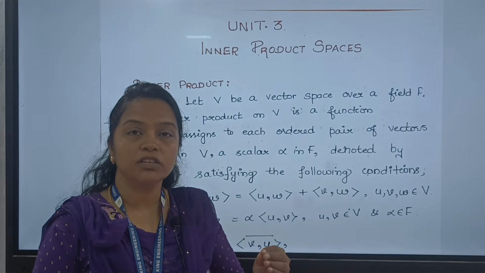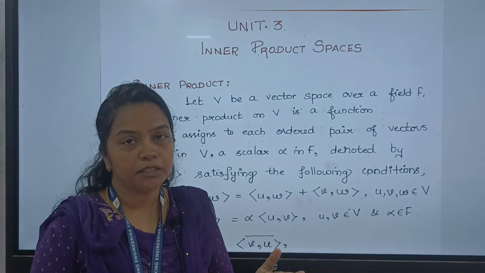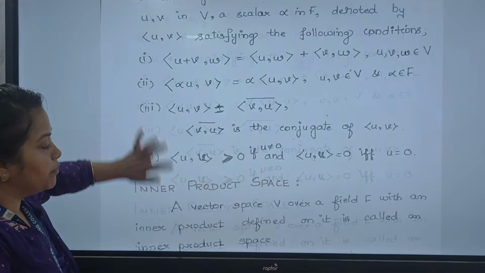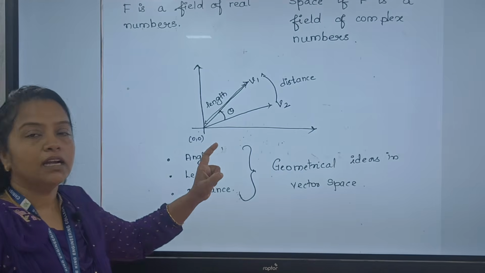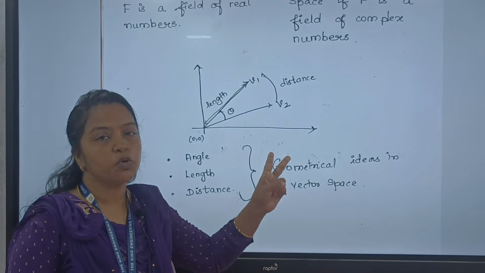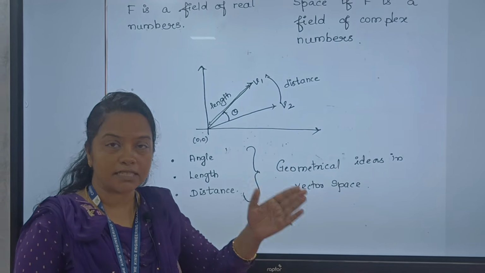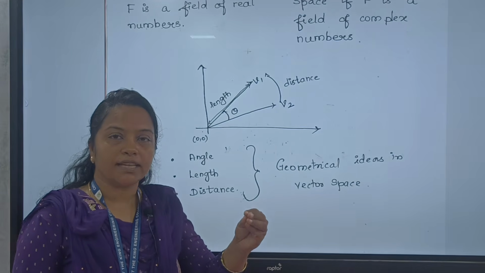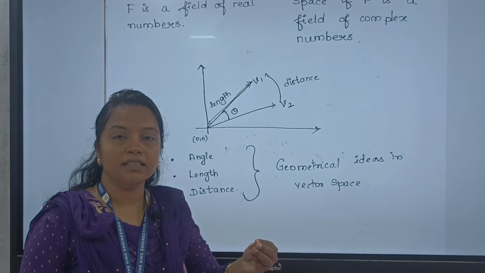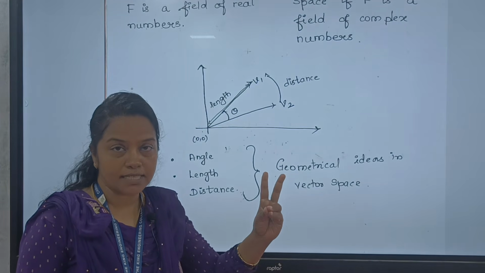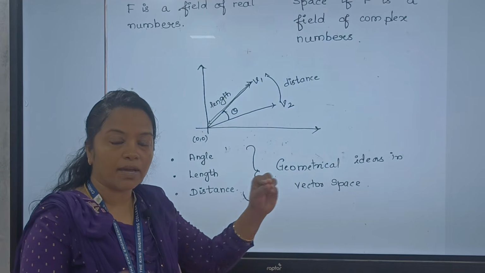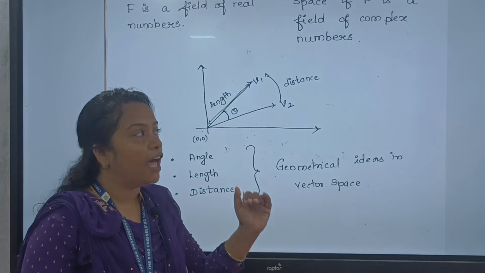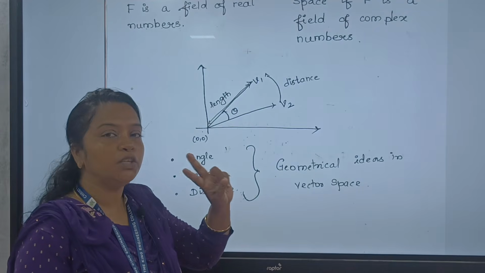So the inner product space is mainly used for what application? It is nothing but to find the angle between any two vectors. If there are two vectors, we are able to find the angle between the two vectors, the length of each vector given in that vector space, and also the distance between the two vectors.